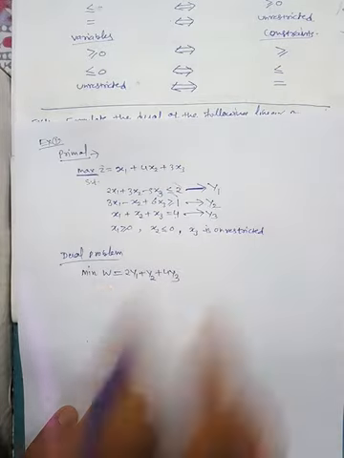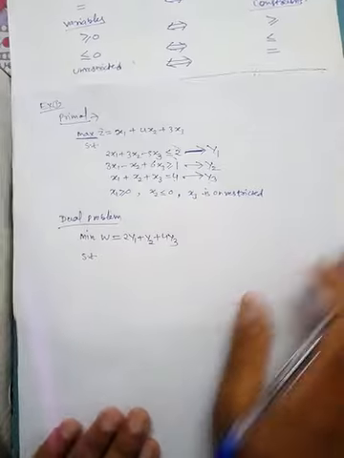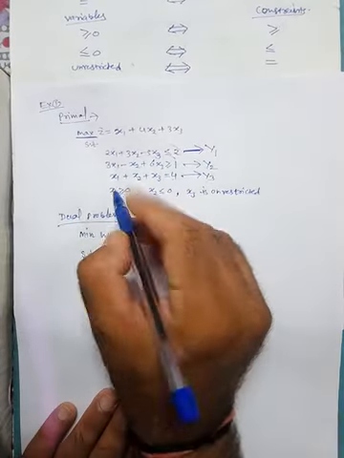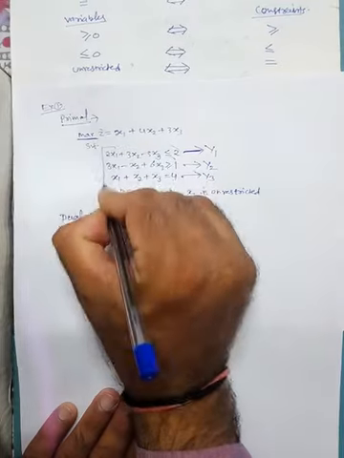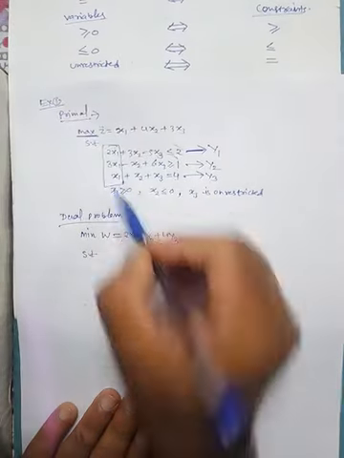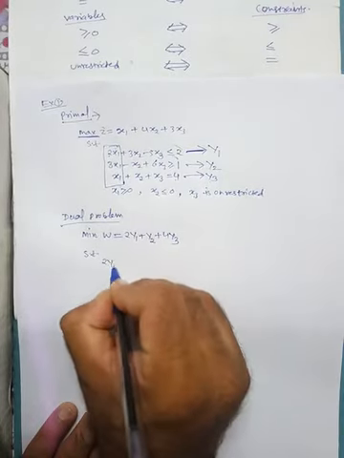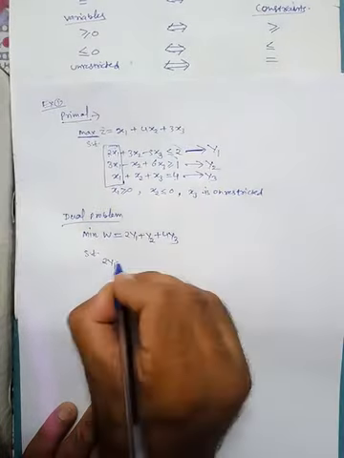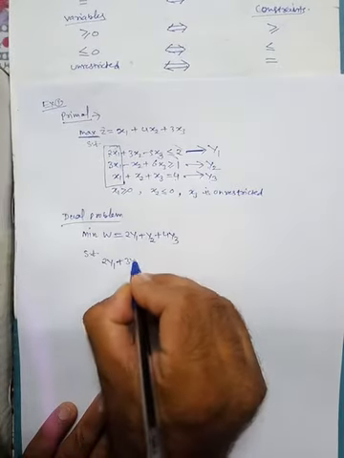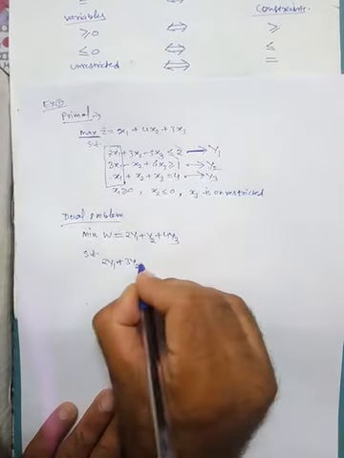This is our objective function. Then subject to the constraints: the first constraint is associated with the coefficient of x1, the column associated with x1. So 2 into y1, write down 2y1, plus 3 into y2, write down 3y2, then 1 into y3, so write down y3.